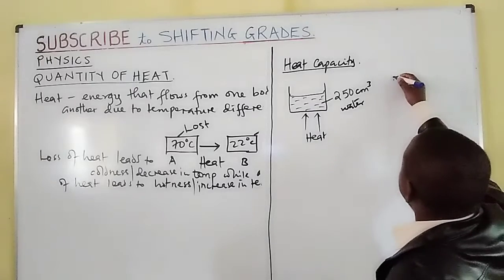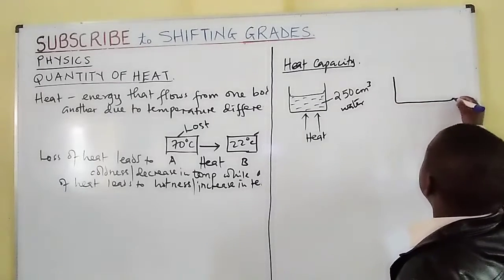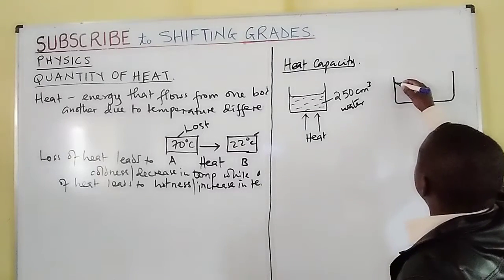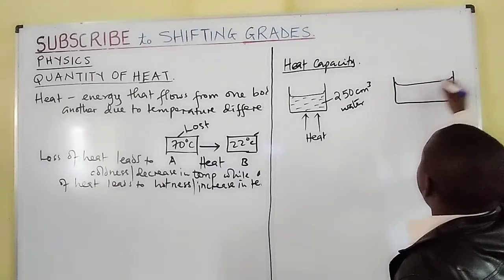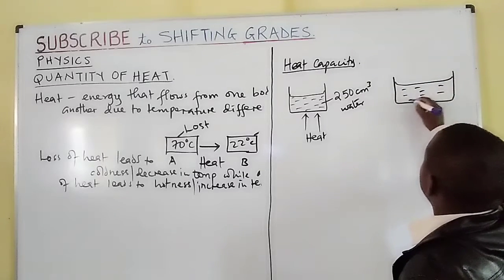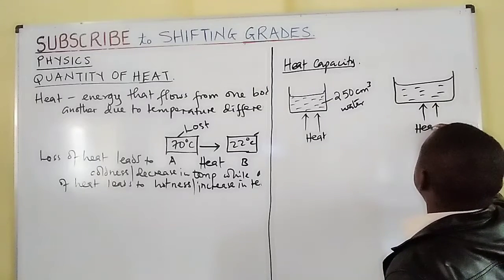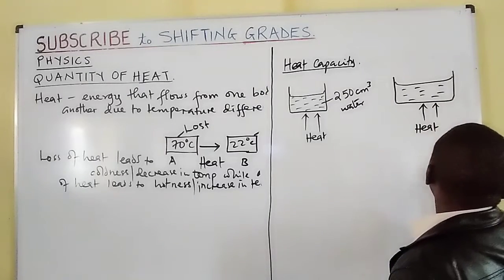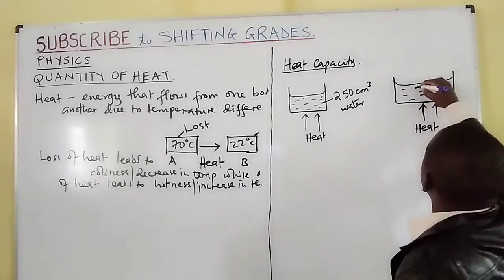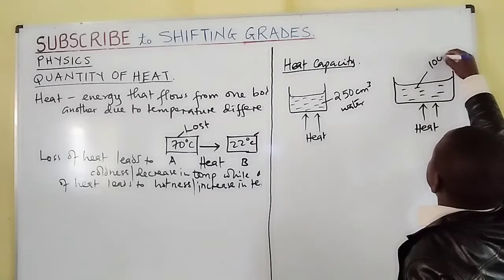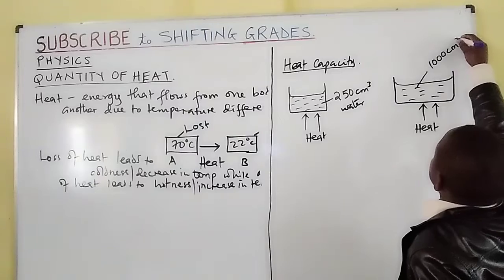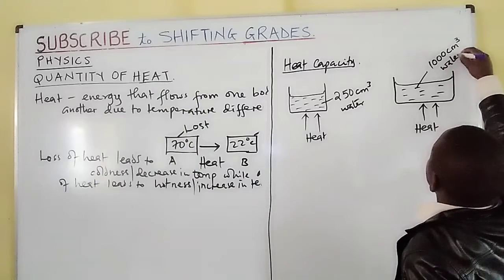Then another setup where you heat a liter of water. Here now is a bigger setup. You heat a bigger quantity. We can say this is a liter now, or 1,000 cubic centimeters of water.